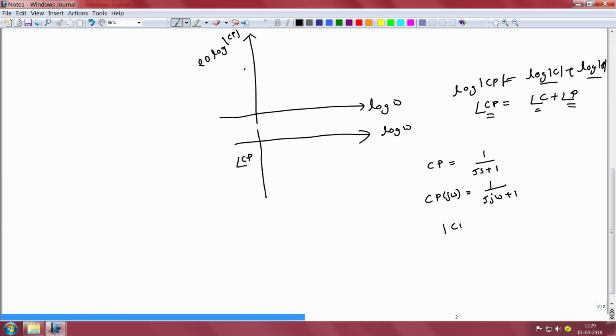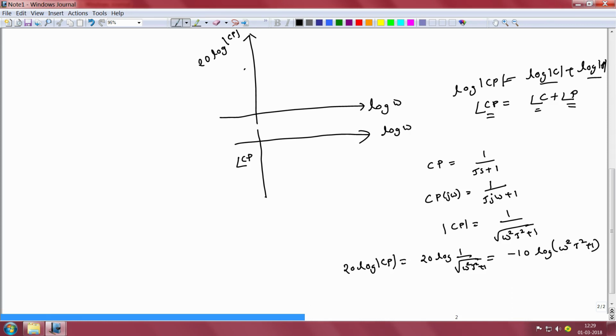So the magnitude of c times p would be equal to 1 by square root of omega square tau square plus 1. Now if you were to compute 20 log magnitude of c times p, we would get it to be equal to 20 times log of 1 by square root of omega square tau square plus 1, which is essentially equal to minus 10 times log of omega square tau square plus 1.